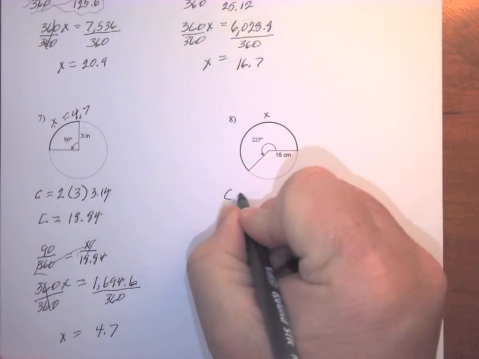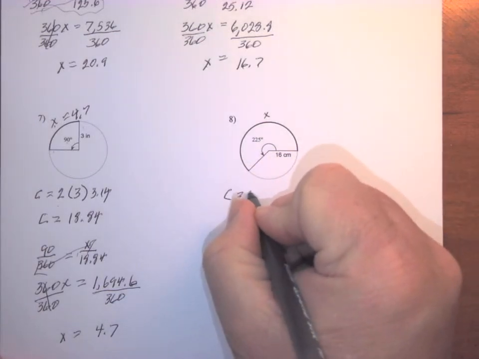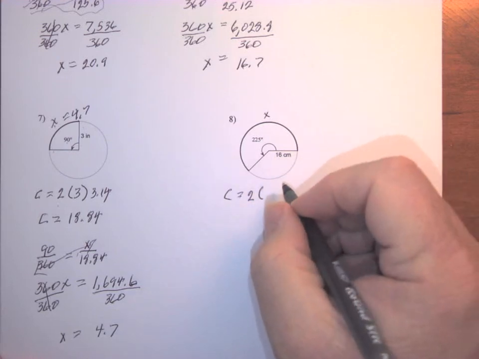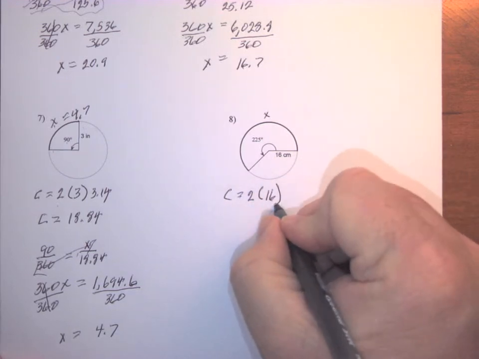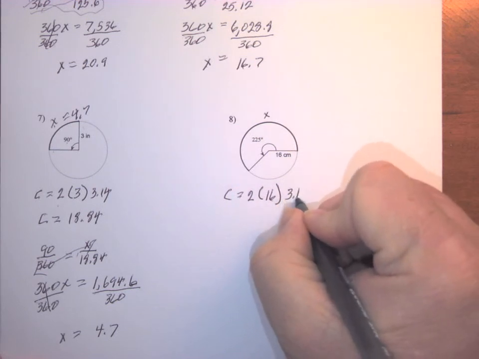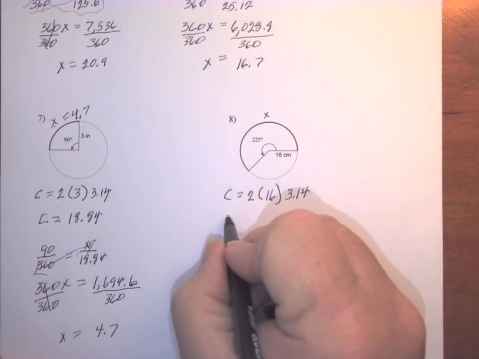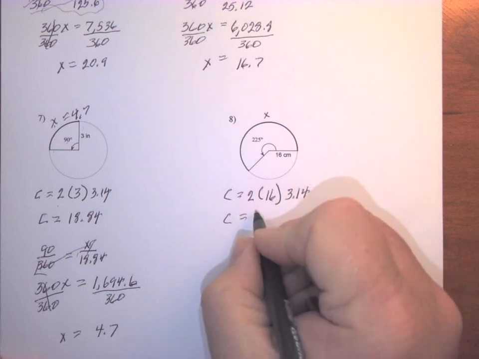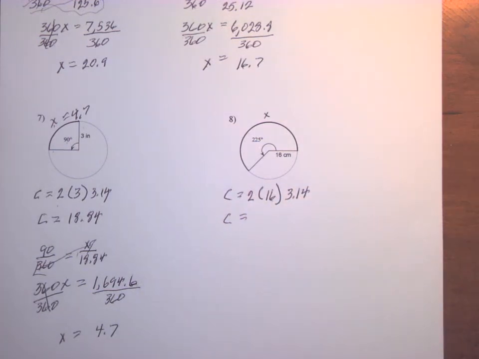The circumference is equal to 2 times the radius, which is 16, times 3.14. So we have 32 times 3.14. That makes the circumference equal to 2 times 16 times 3.14 is equal to 37 point, well, wait a minute, I did something wrong.